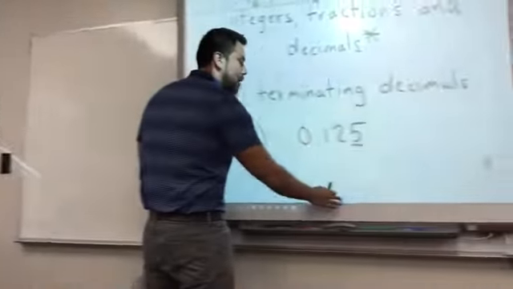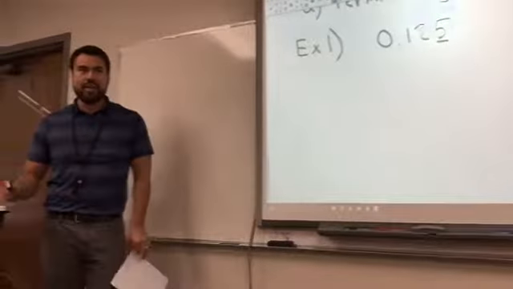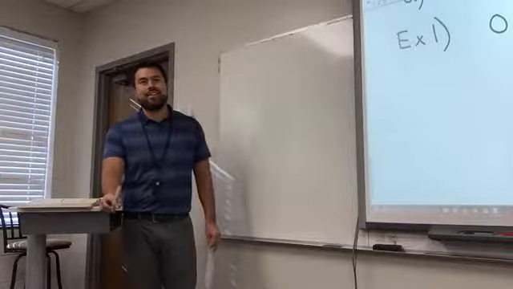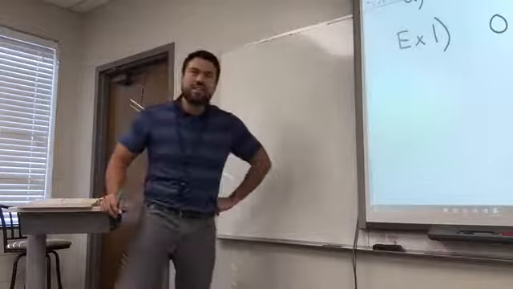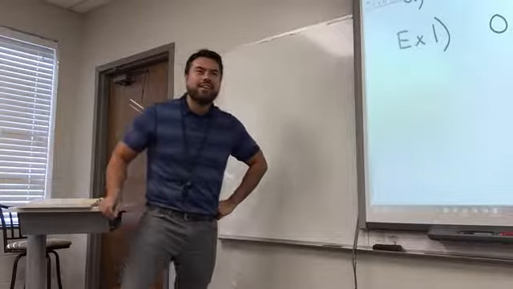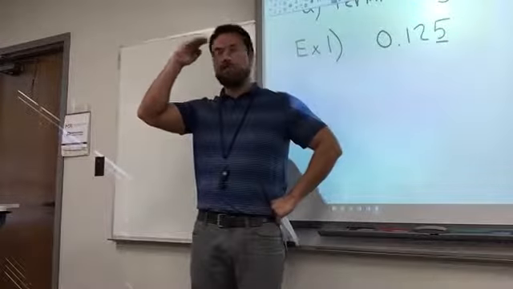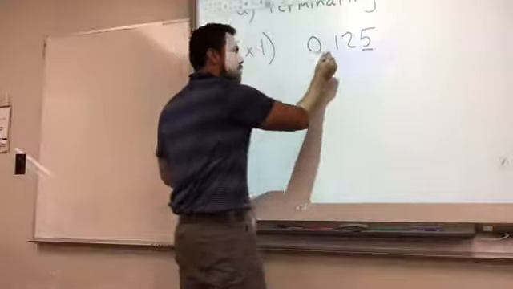All right, how would I write this number as a fraction? Because this is part of what you're going to be doing. And I already gave you a hint. Yes, Callie? Is it 125 over 1,000? How in the world did you get that? Because it ends in 1,000. Wait. You're telling me that the way I read the decimal is the way I can write the fraction? Ready? Everyone read this with me.